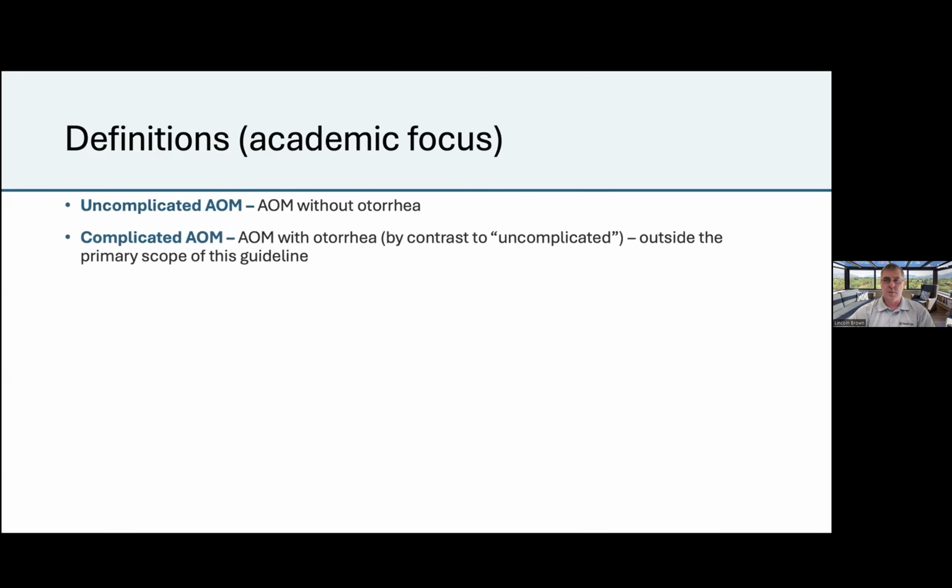Generally speaking, two broad categories: complicated, uncomplicated. For the sake of the guideline, complicated was outside of the scope, and they simply defined it as the opposite of uncomplicated, which was helpful, but not really.